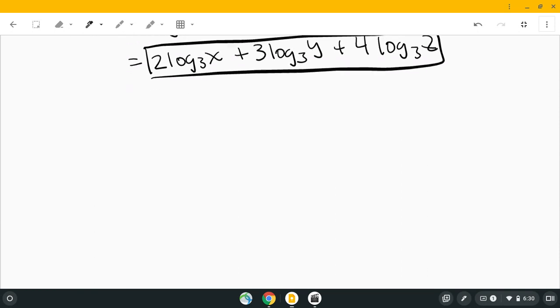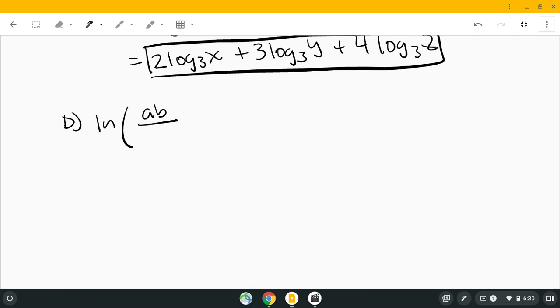Let's take a look at this one. ln of AB over cube root of C. All right, so we got all kinds of things happening here. We have a product here. We have a quotient here. All the quotients will be subtractions, but we only have the quotient of this.